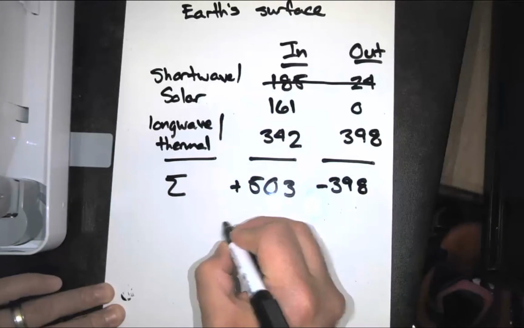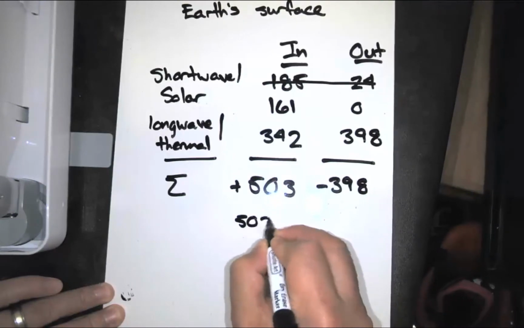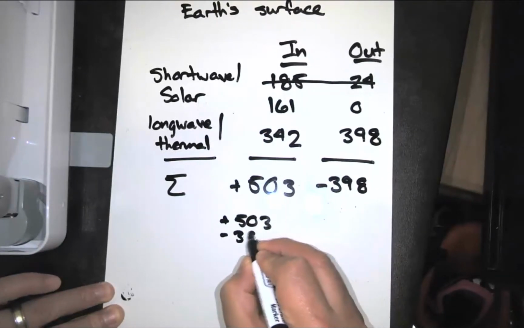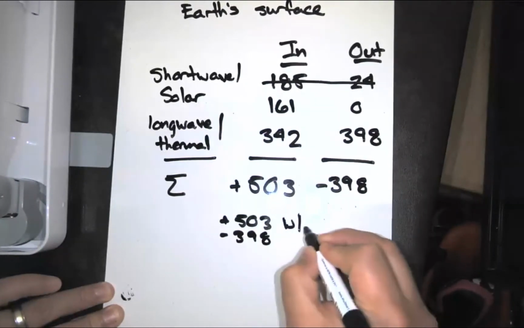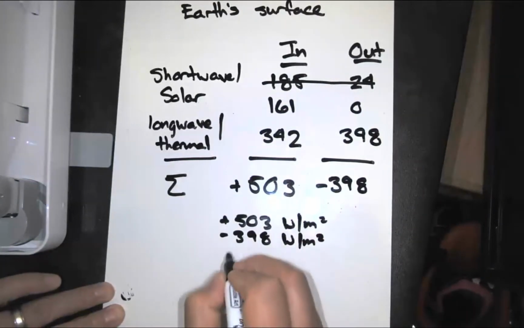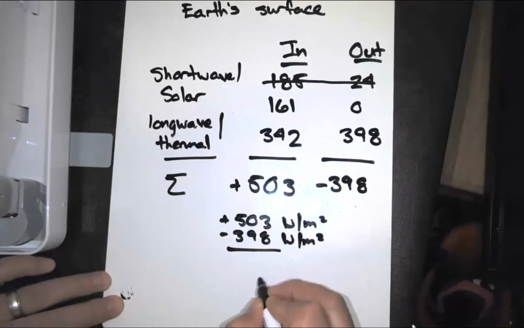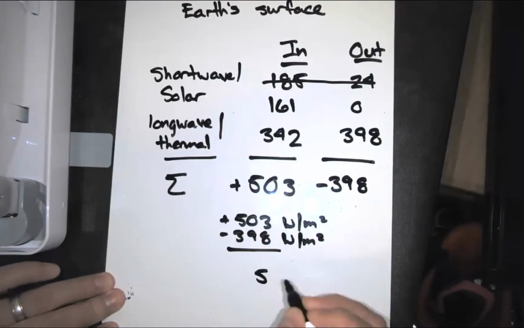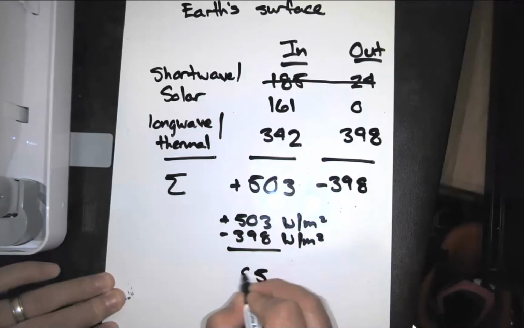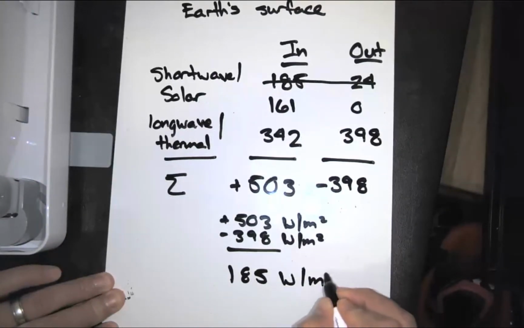Okay, so this operation just winds up being that we take 503 positive and subtract 398, and these are both watts per meter squared. Okay, and when we do this calculation here, what we wind up with is 105 watts per square meter.